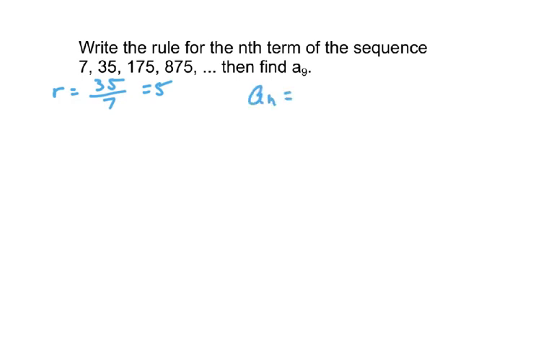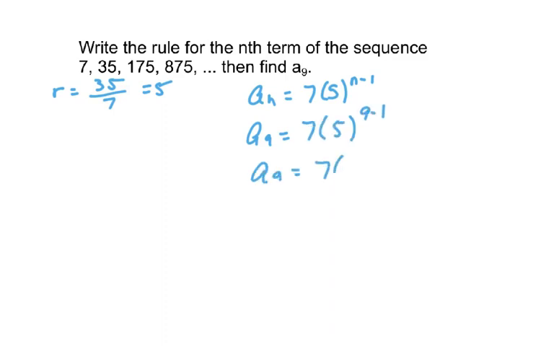So our a sub n rule is going to have a sub 1, which is 7, times our r value, which in this case is 5, to the n minus 1 power. When we look for a sub 9, we're just replacing the n's with 9's. And so we end up with 7 times 5 to the 8th power, which is 2,734,375.